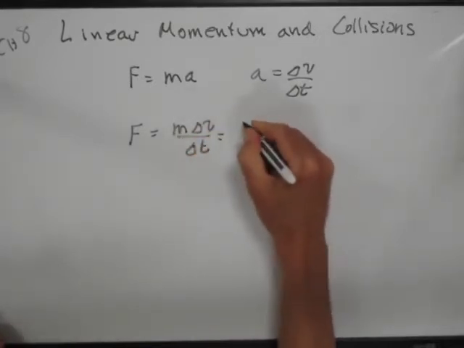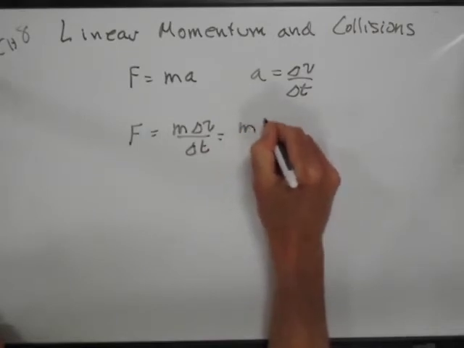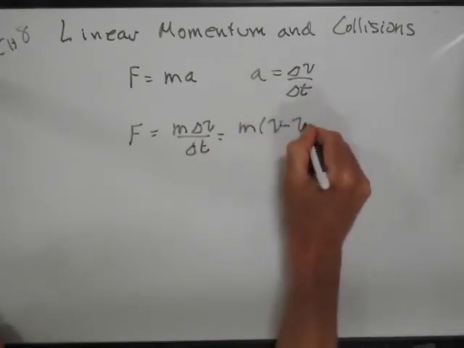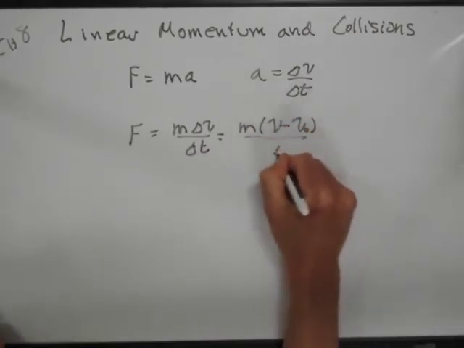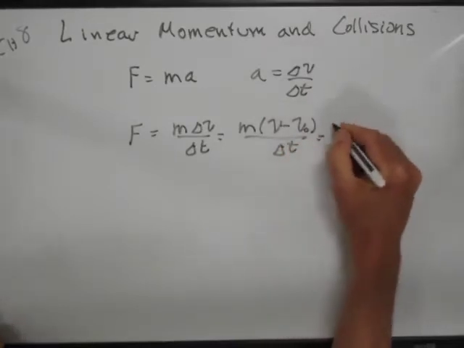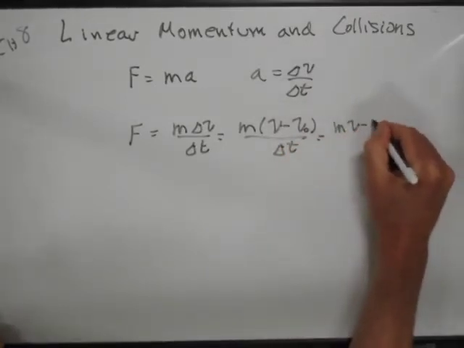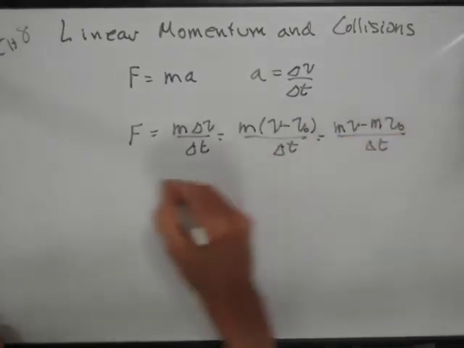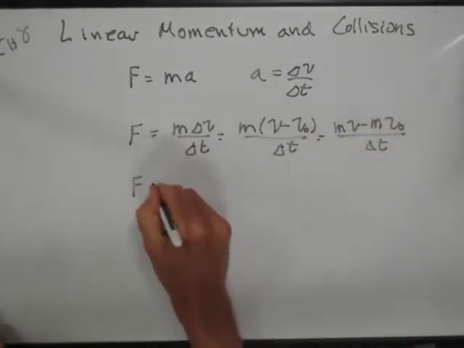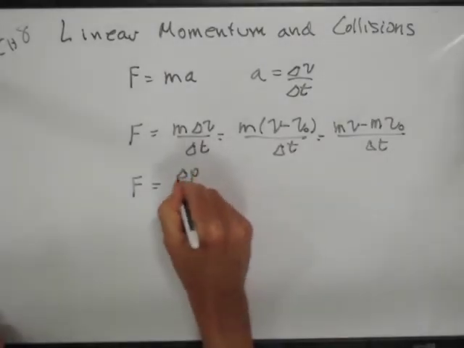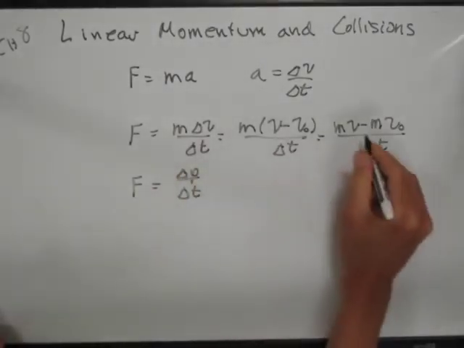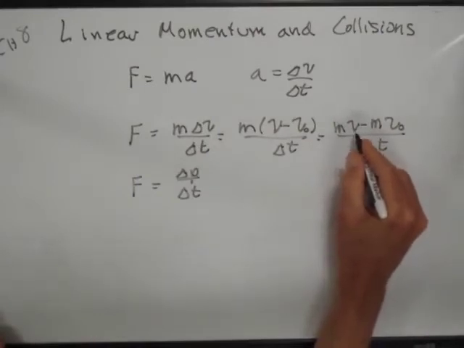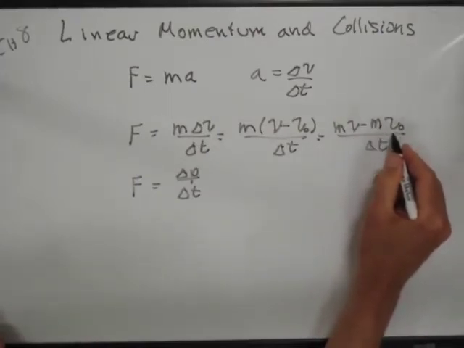We can write the change in velocity as v final minus v initial over the change in time, but that's mv minus mv naught over the change in time. And so the force can just be written as the change in momentum over the change in time, because that's the final momentum, mass times v final, and that's the initial momentum, mass times v initial.